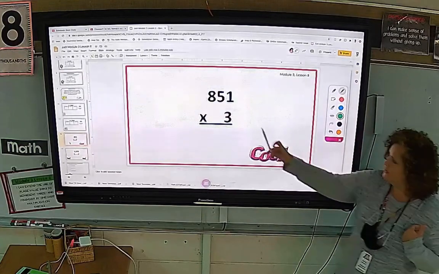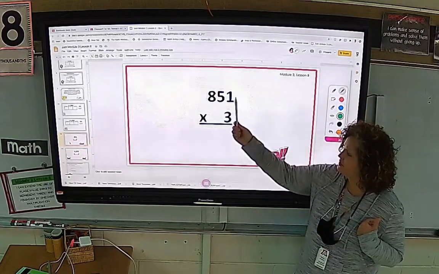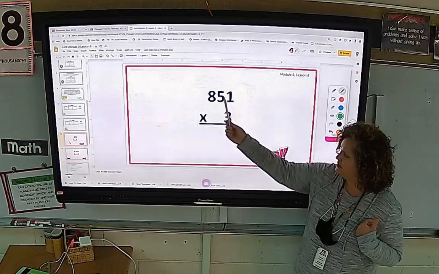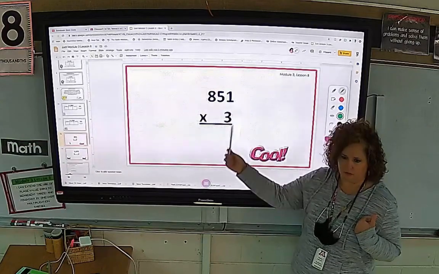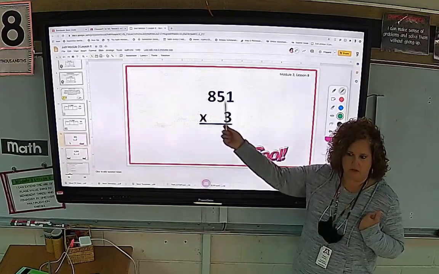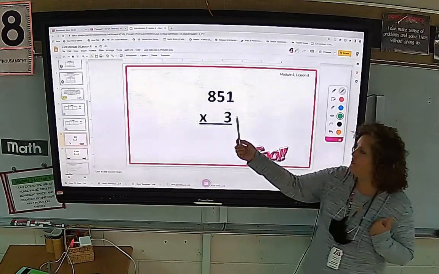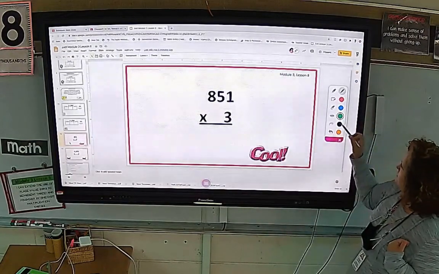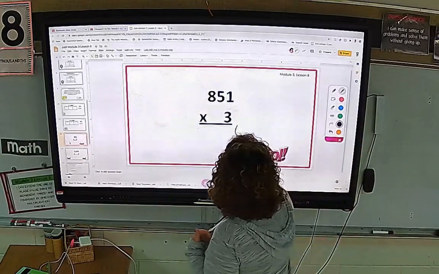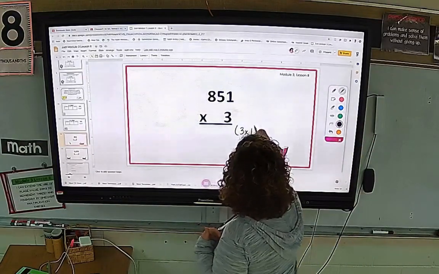All right, so we're going to start. We always go from here to the ones place, then to the tens place, then to the hundreds place. We start with the smallest and then we go to the larger places, okay? So 3 times 1, let's write out beside it, 3 times 1.